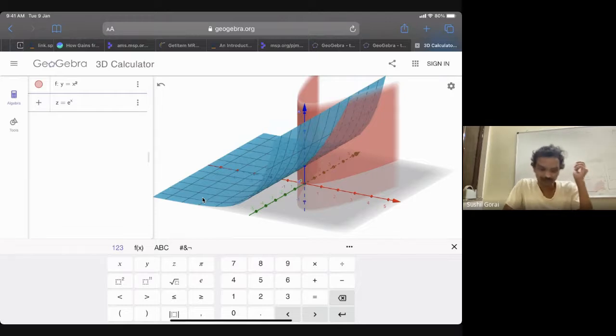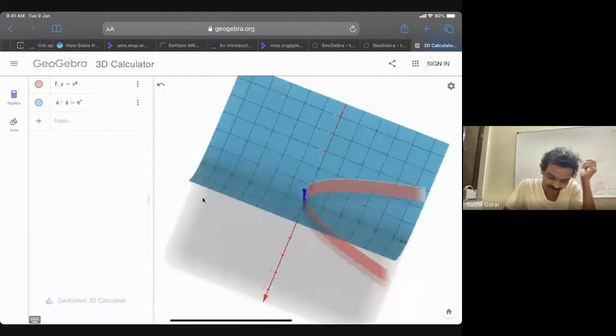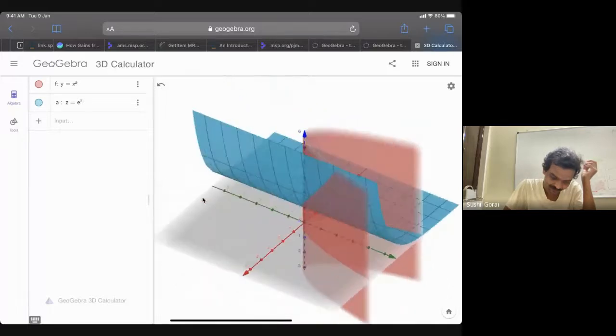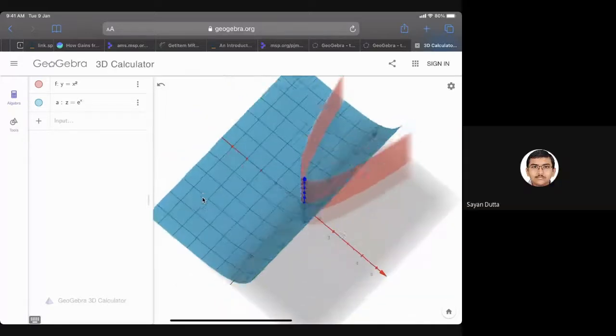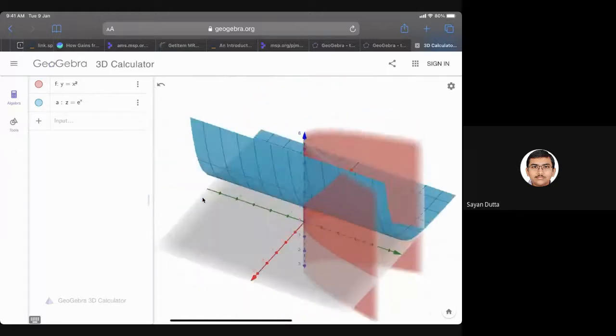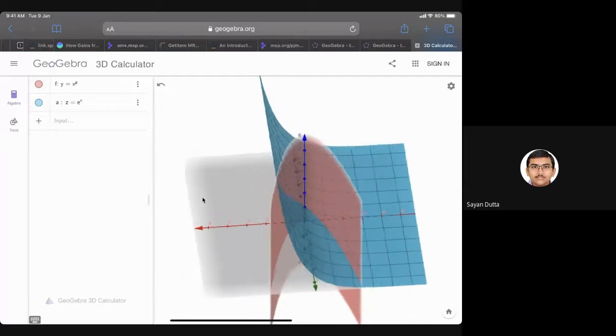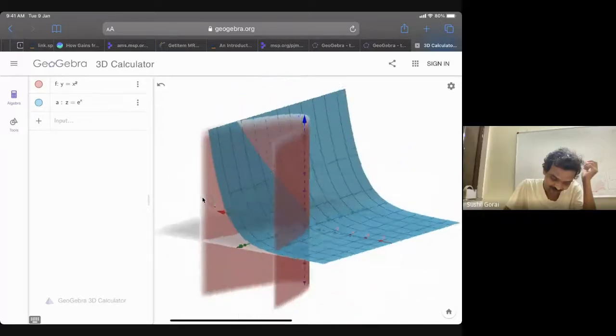Now you see the intersection? Yes, sir. It does look like an e to the power x drawn on the parabola taken out. What I was saying.